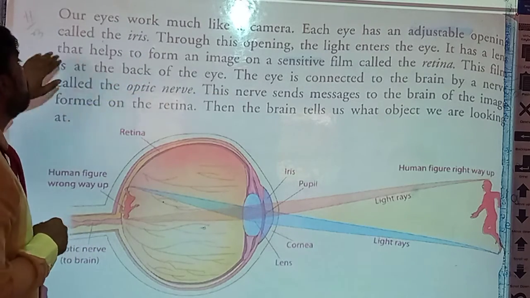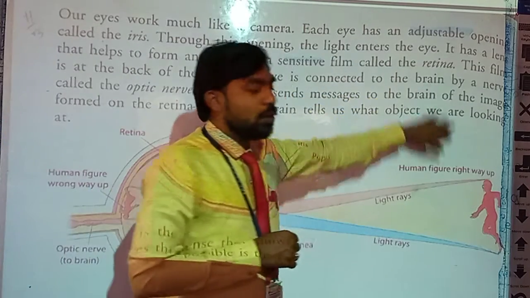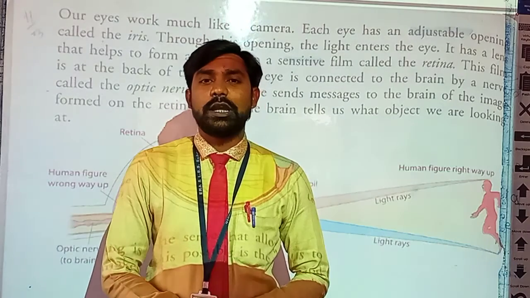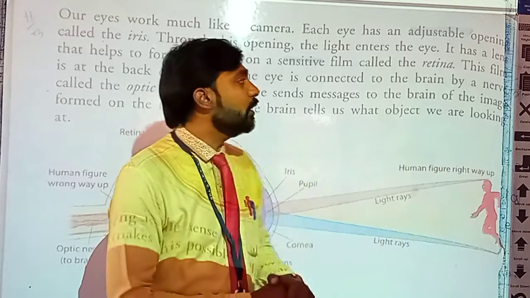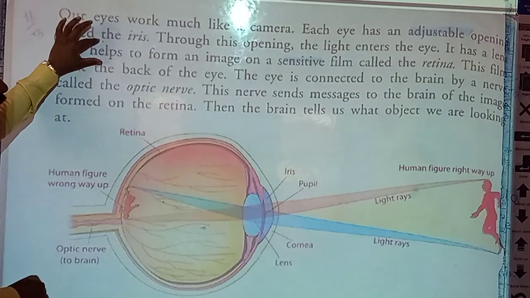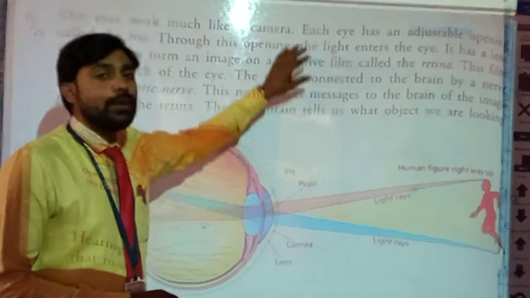Then it has a lens that helps to form an image on a sensitive film called retina. Now the second part of the eye is given here, retina. Retina works as a film. It is a sensitive part, film, and what happens here? Here the light creates an image on that retina.